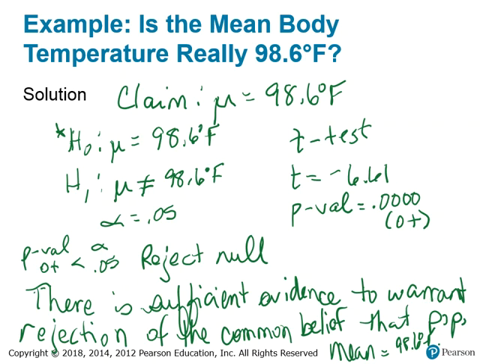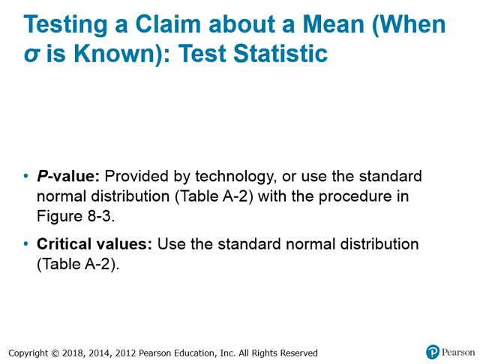Now, if by chance you happen to know the standard deviation for the population, the only difference is you are going to run a z-test. So if you know this, you're going to run a z-test, which changes your statistic. It is now z equals x bar minus mu of x, over sigma divided by square root of n.